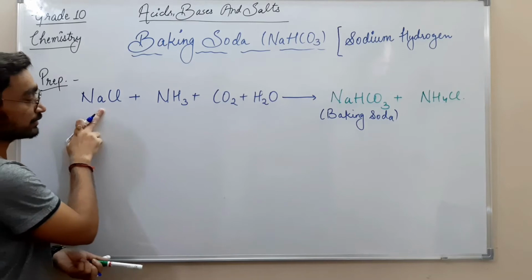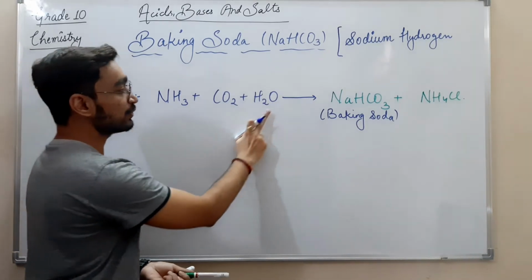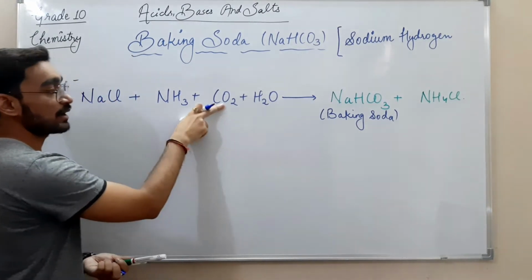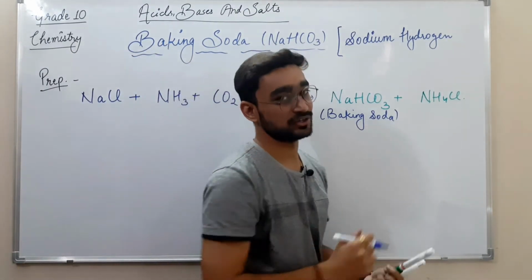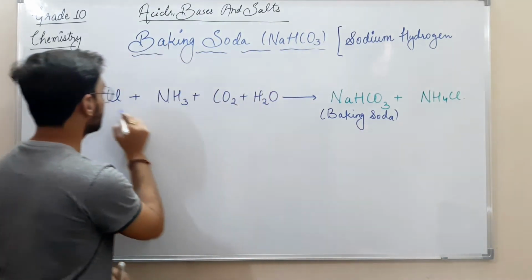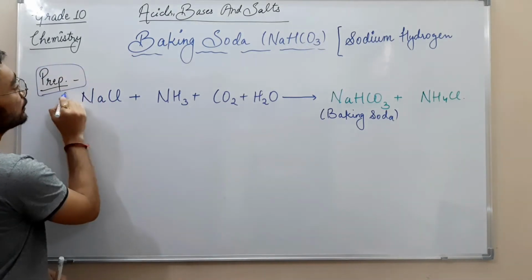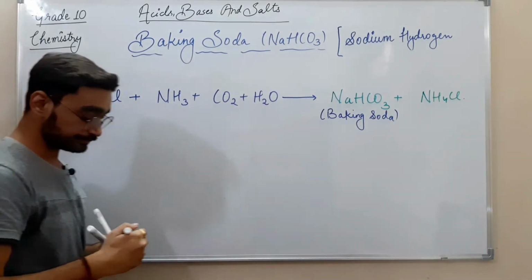So common salt with ammonia in the presence of water, with carbon dioxide gas passed through it, gives baking soda plus NH4Cl. This is the laboratory preparation, the normal preparation of baking soda.